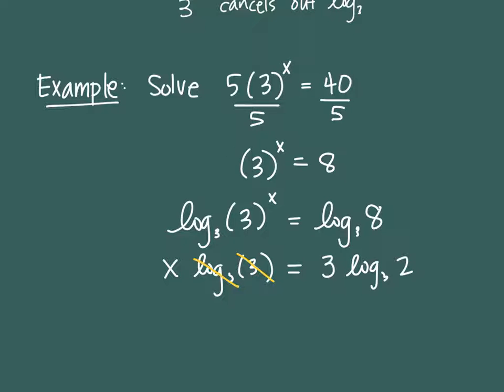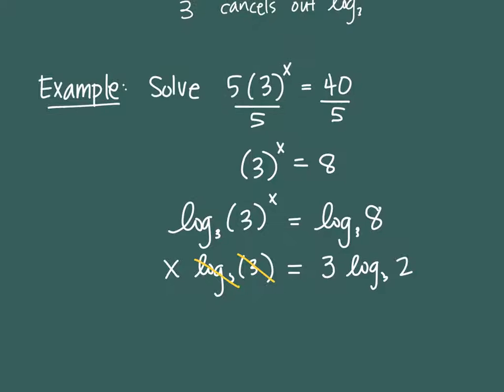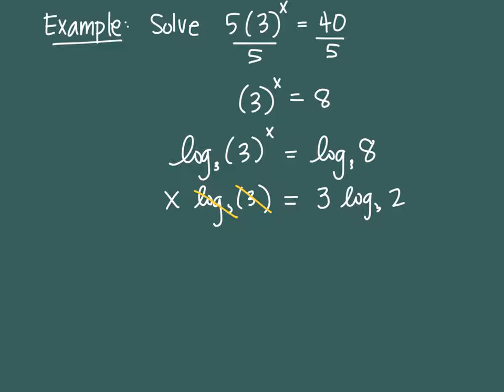Does that happen on the other side? Does the log base 3 cancel out the 2? No. Did I get x by itself? Yes. So the answer is 3 log base 3 of 2. Or we need to back up a little bit?